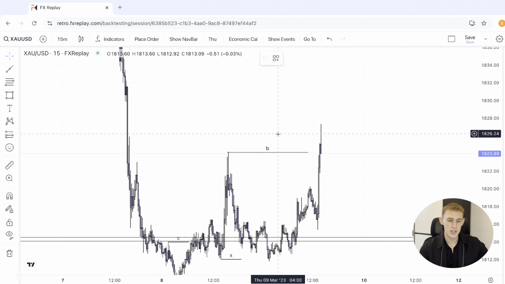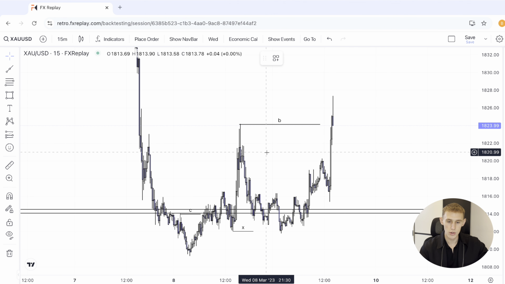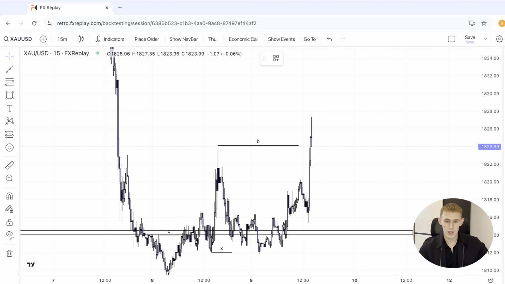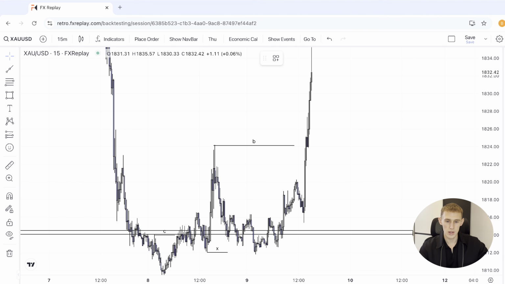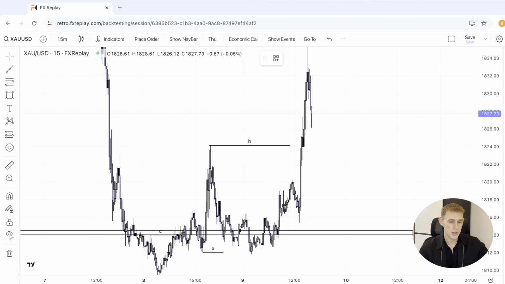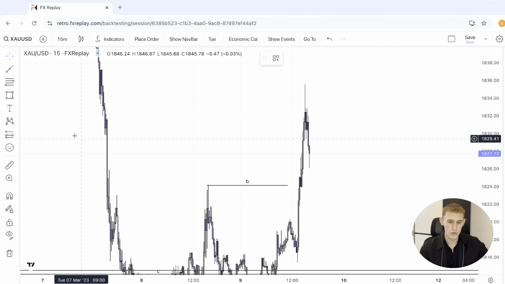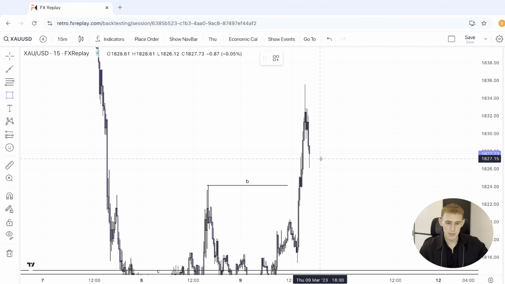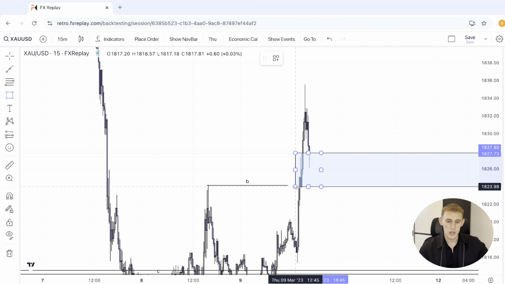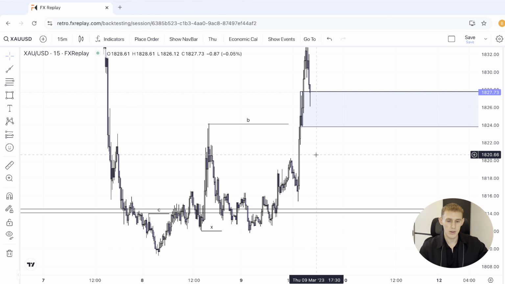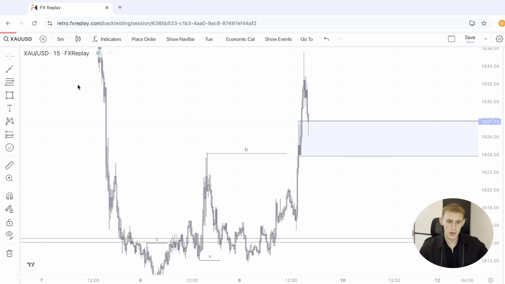So in this case, this is our internal structure, and we want to be looking to trade this, looking for some pullbacks for potential re-entry opportunities. We have this demand zone, and you have this one down here as well. Let's monitor for an entry within this one first of all.